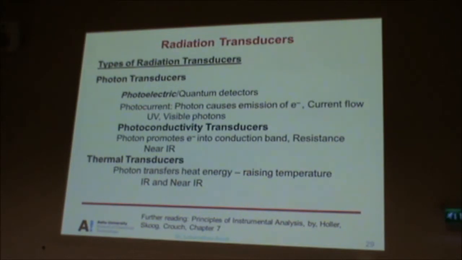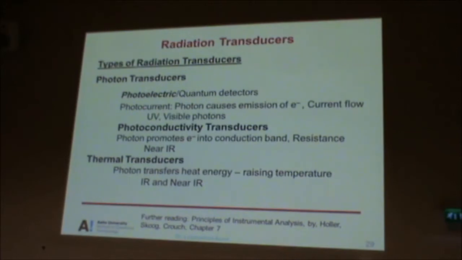Infrared photons are very low energy, but we all know that infrared photons are capable of heating up samples. So for detecting infrared photons, we use thermal transducers, where the photon energy is converted into a rise in temperature, and the rise in temperature quantitatively tells you how many photons were incident.